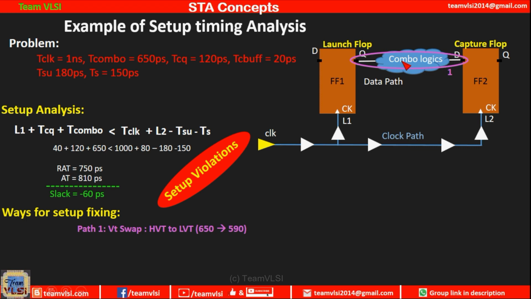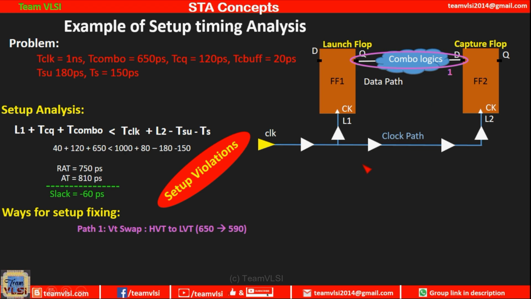So we will change the higher VT cells to lower VT cells, and in this way, if we can manage 60 ps of timing, meaning if initially it is 650 ps, and by converting HVT to LVT we can bring it to 590 ps, then our problem is solved, right?